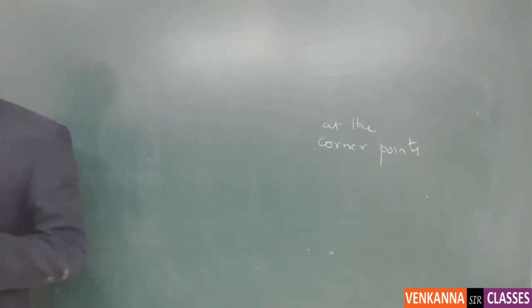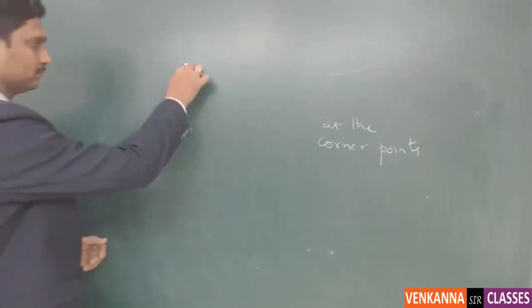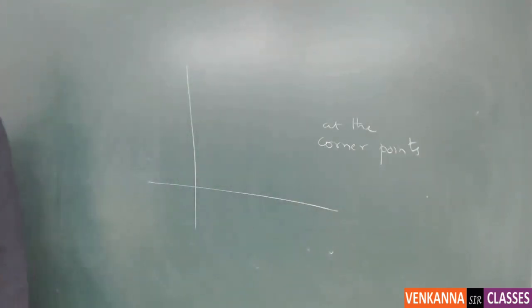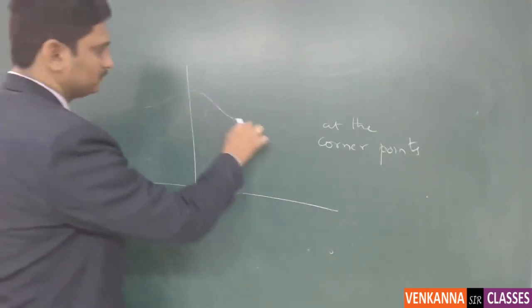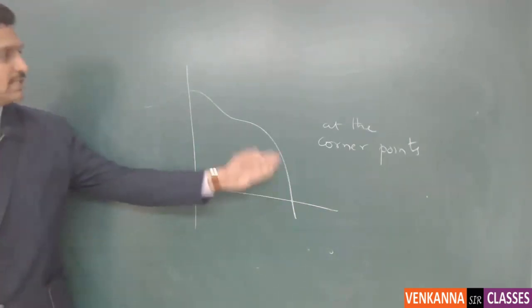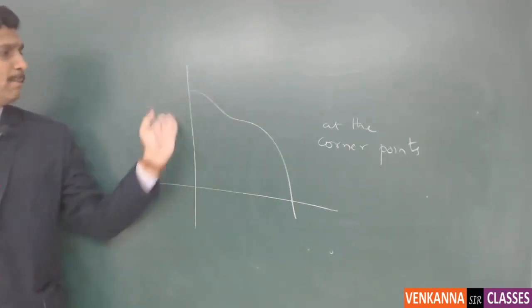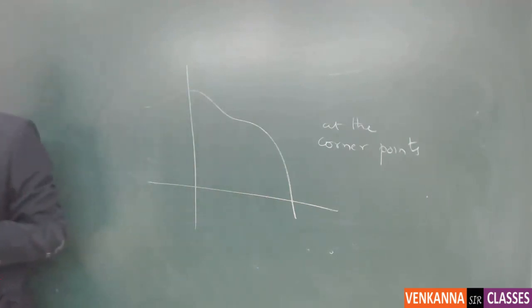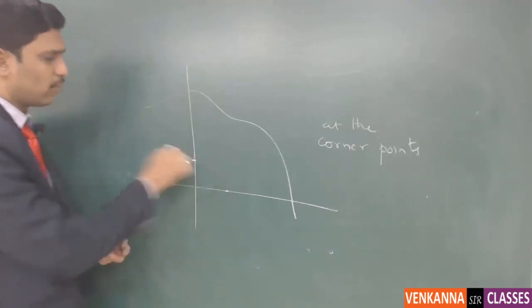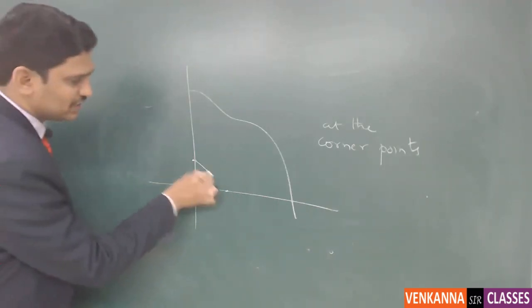Right. There is another approach. Suppose you have a polygon, say this is the feasible region. In this, every point is a solution. So what happens if you randomly pick up a point here and a point here, you will get a straight line.